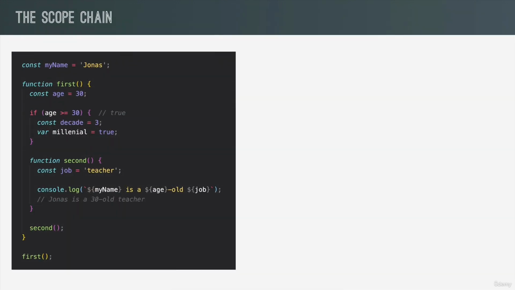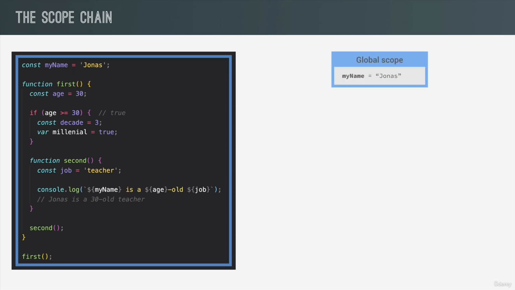And here we have some code with different functions and blocks, and we're going to take a look at the scopes that are in this code, as well as build the scope chain. And of course, we start with the global scope. As you can see, the myName variable is the only variable declaration that we have in the global scope.